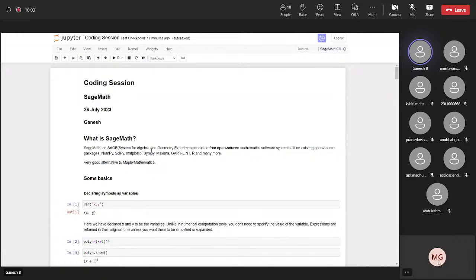There were existing tools like NumPy, SciPy, or Matplotlib, which is used to plot graphs in Python. Mathematicians decided to build a new tool which encompasses all this and is more of a symbolic approach to maths and its problems.